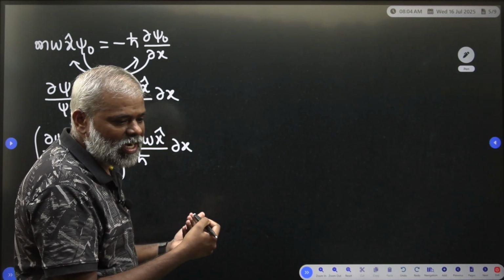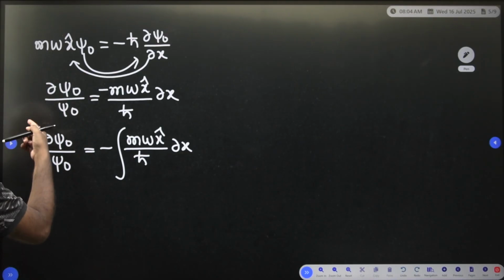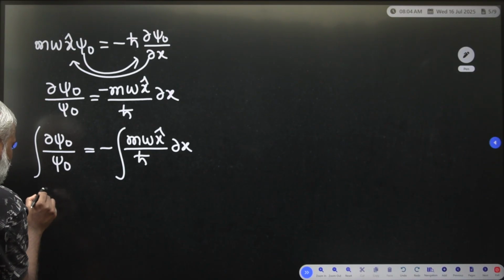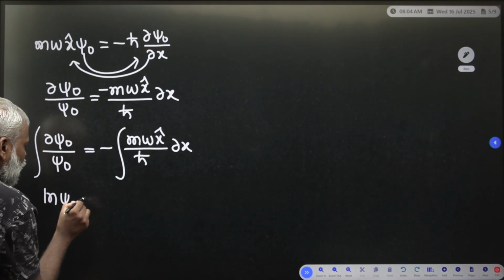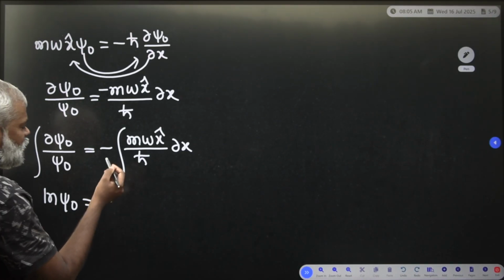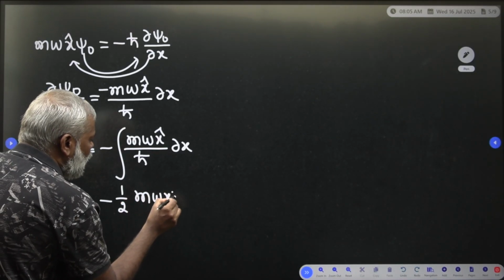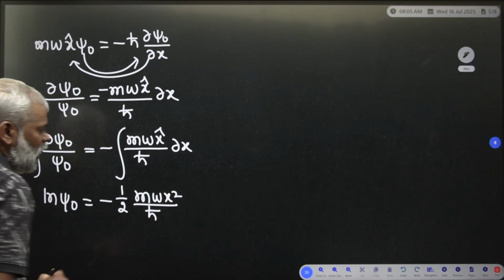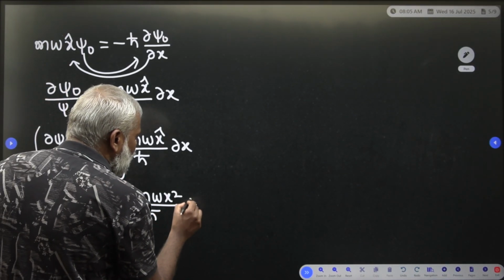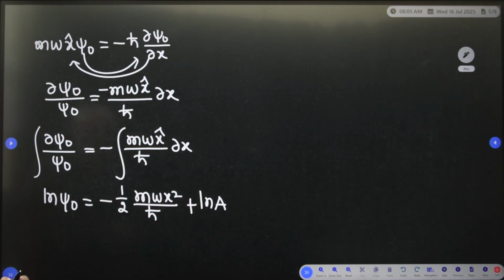There is an integral constant, because there are no limits, that's why we have to use the integral constant. ln psi 0 is equal to minus 1 by 2 into m omega x square divided by h cut plus ln a, which you have to take.